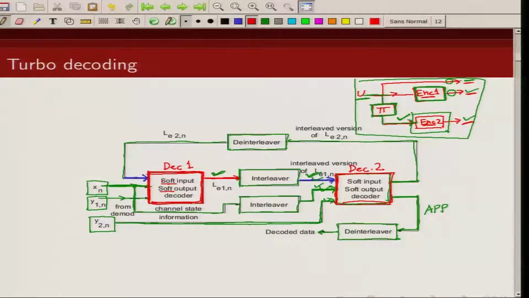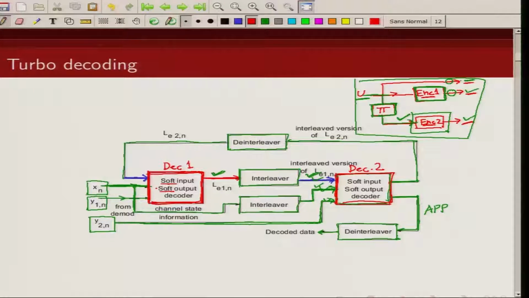Now, what is the algorithm which is used inside of this? I said soft input and soft output decoder: input is soft, output is soft, but what sort of algorithms can we use? We can use any algorithm which can take soft inputs and give soft outputs, and one of the most commonly used is the BCJR algorithm.